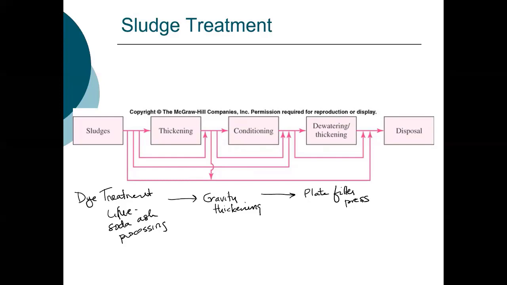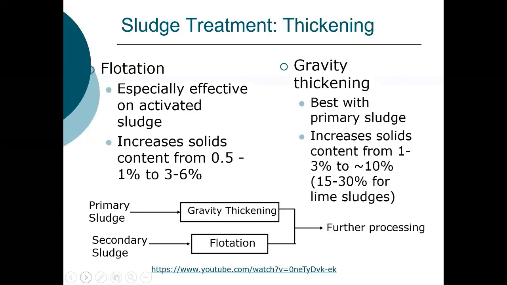And what we're looking at is we're processing that sludge so that the dewatering process is more effective. And then dewatering, we're minimizing the volume in order to prepare the sludge for final disposal. Okay, so from there, we can start looking at some of these processes.